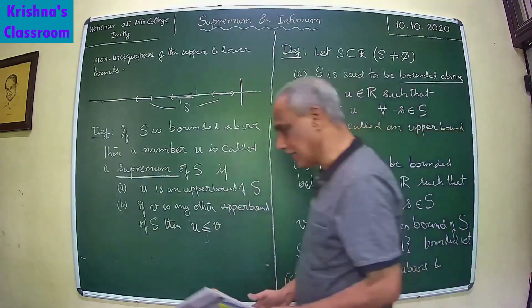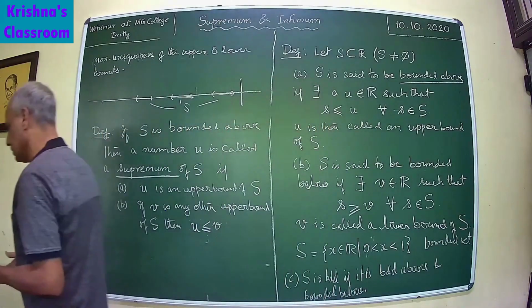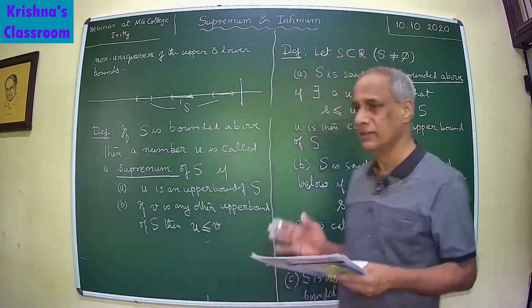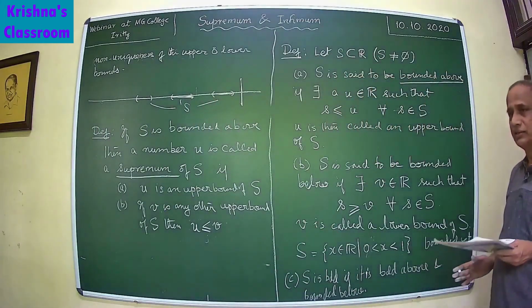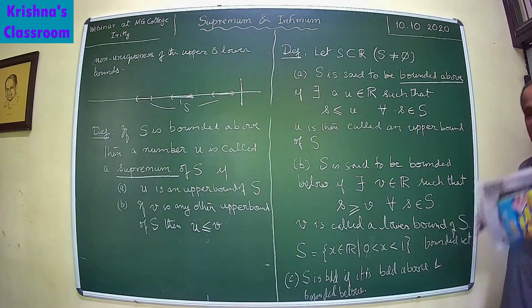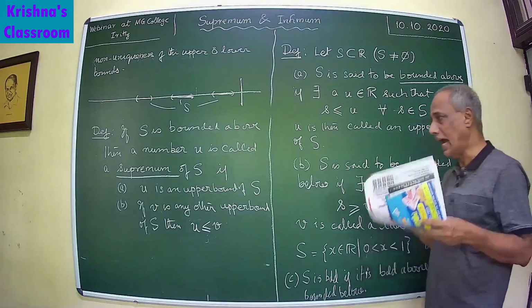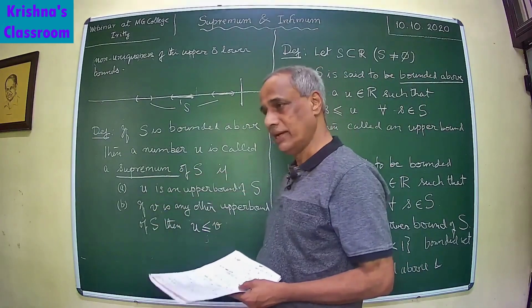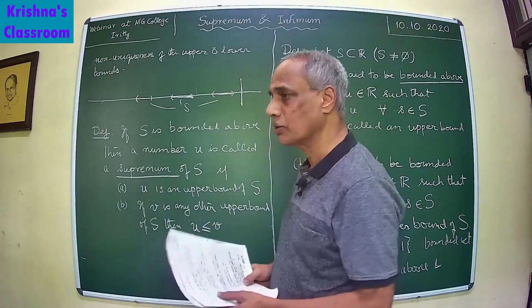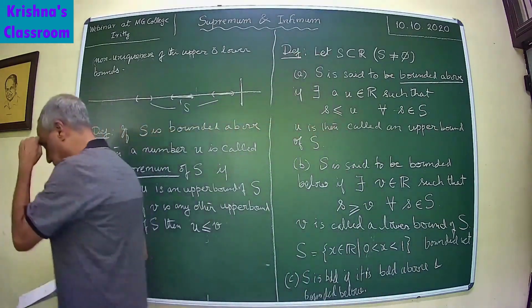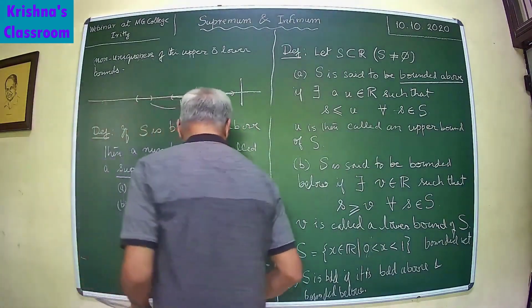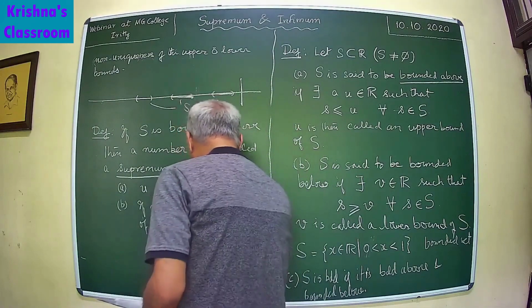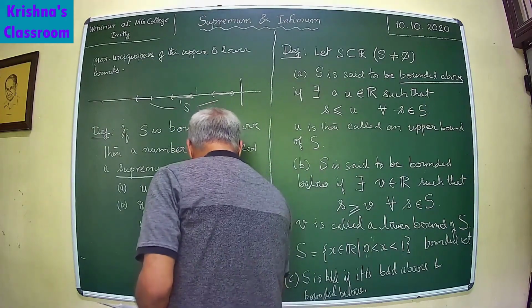R is a superset of Q with the property that every subset bounded above has a supremum in this sense. Now you see your Q does not have this property. If you look at this set, later we are going to work on this.